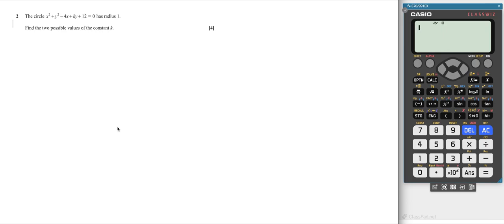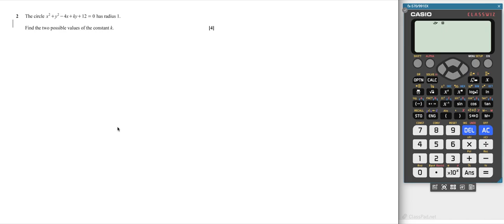Question 2. The circle x squared plus y squared minus 4x plus ky plus 12 has radius 1. Find the two possible values of the constant k. So let's find this circle where we can equation circle where we've got radius in it.